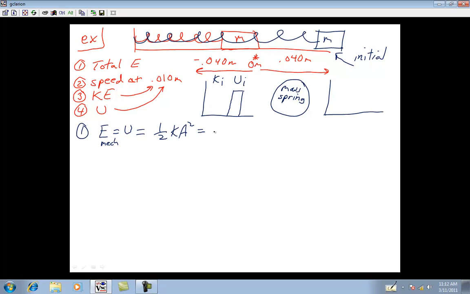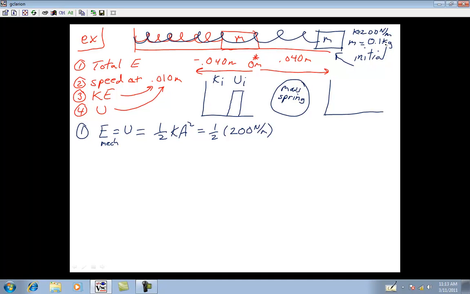Where we've got 1/2 and K is equal to 200 newtons per meter. Oh, I didn't give you guys that. K is 200 newtons per meter, that's a spring constant, by the way. And the mass, let's make it 0.1 kilograms.